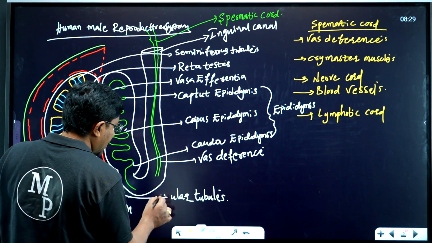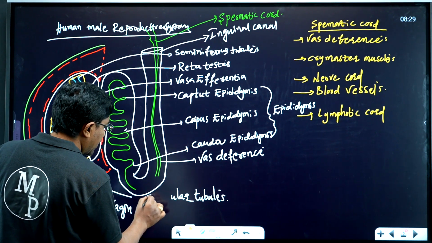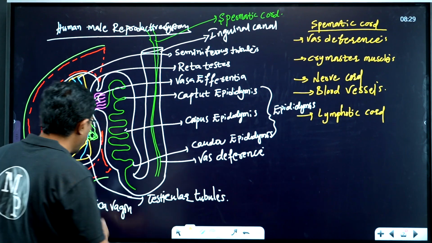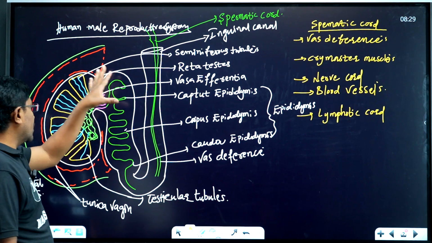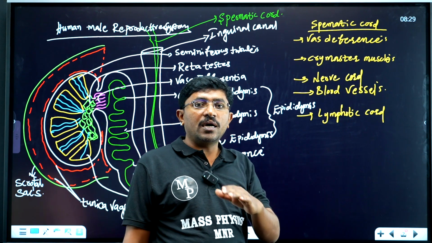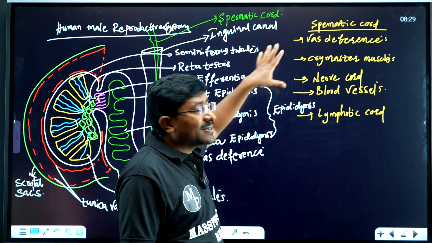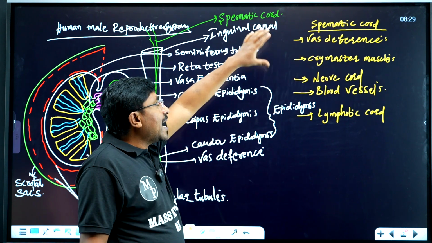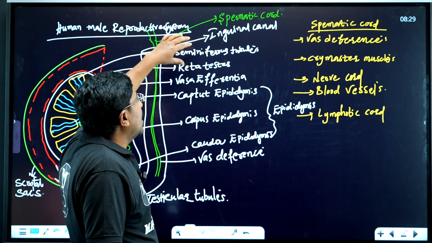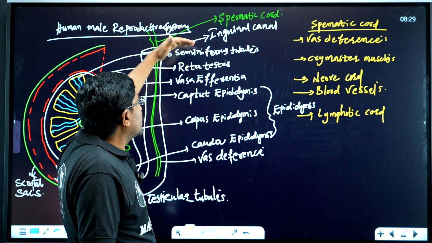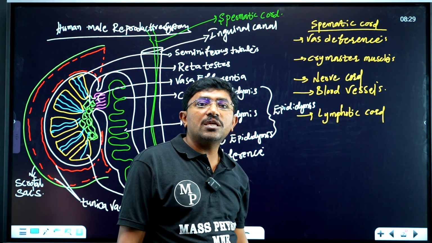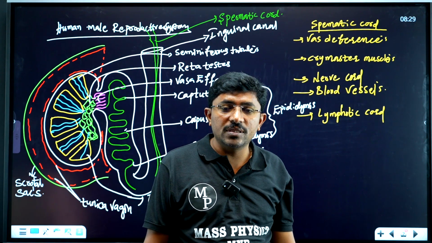In the previous class, we discussed the internal structure of the testes, up to the accessory ducts. The accessory ducts start from the seminiferous tubules, and the seminiferous tubules are the structural and functional units of the male reproductive system.